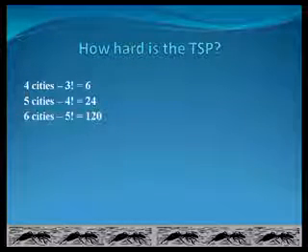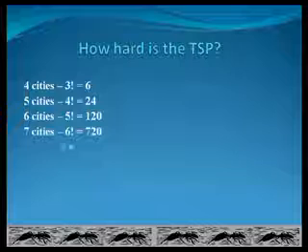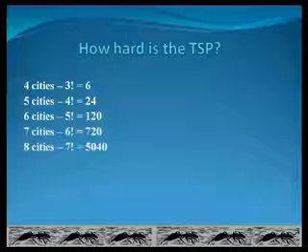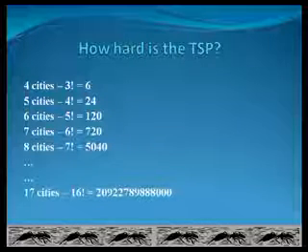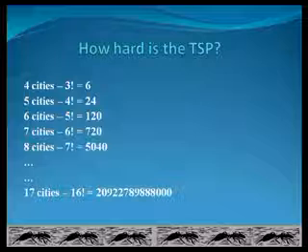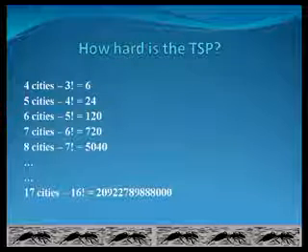In this way, look at the number of different routes if we have 17 cities. Now we can see that when the number of cities increases, the number of routes that can exist becomes very large.